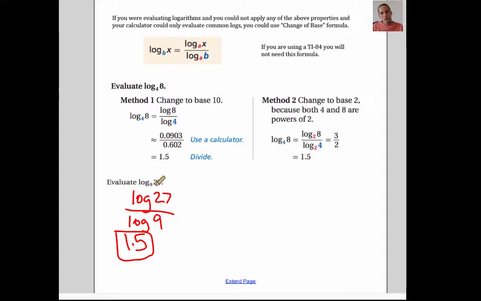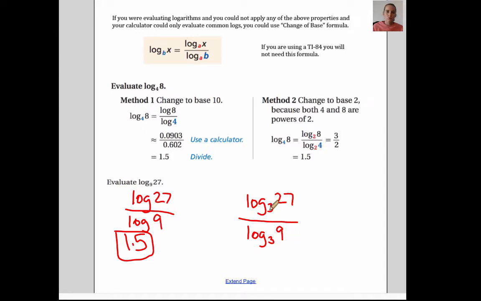Now, I could change this to have the same base. I know that what's in common with a 9 and a 27 is a 3. I can write both of those numbers using a base of 3. So I could say log base 3 of 27 divided by log base 3 of 9.